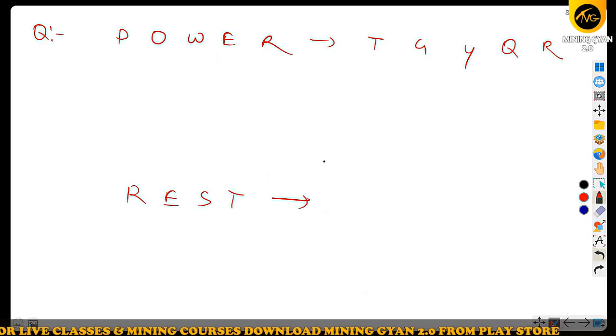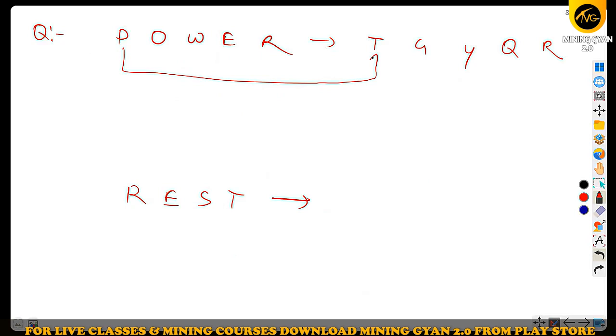Now you can see that the gap between T and P, PQRST, is plus 4.